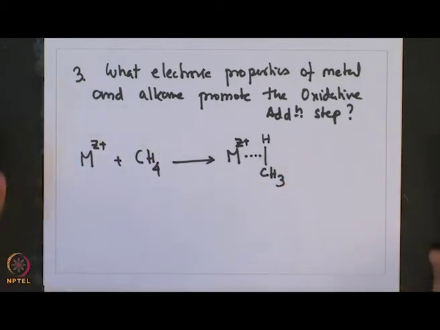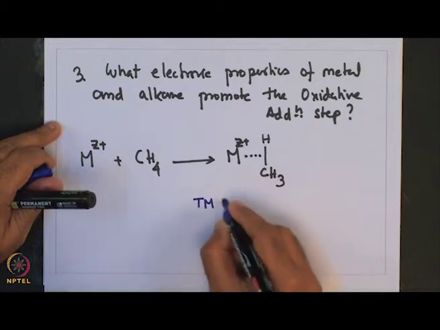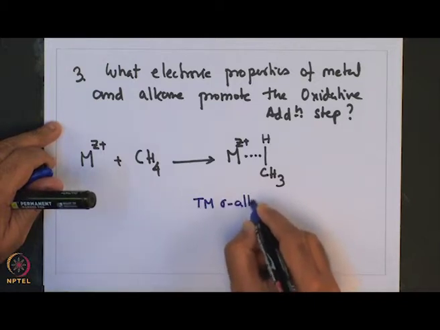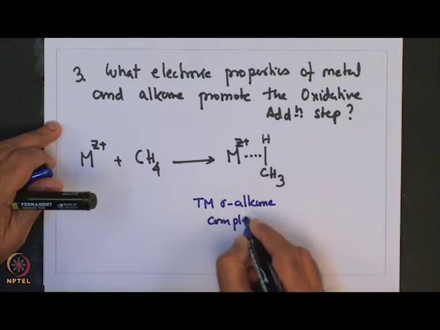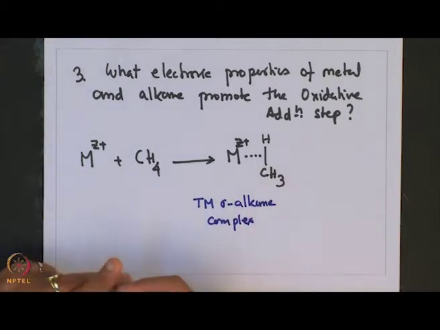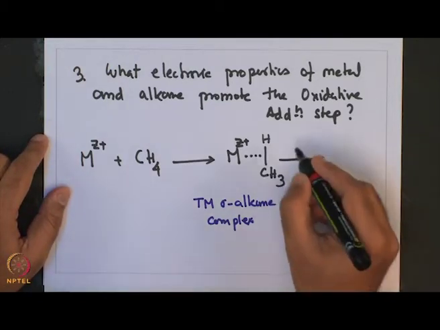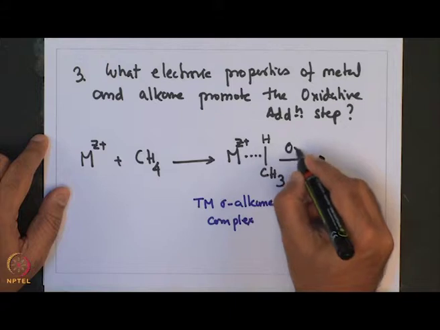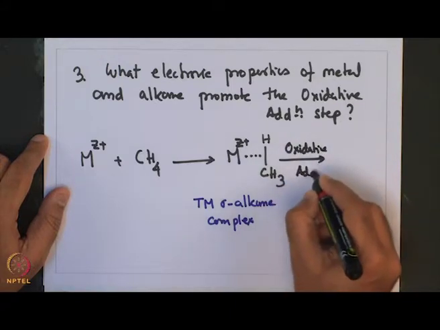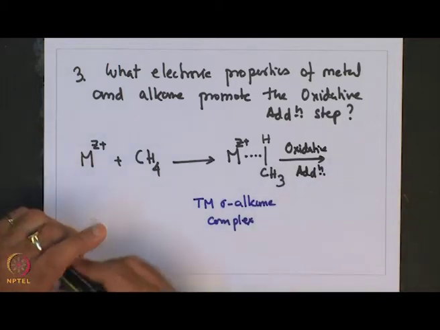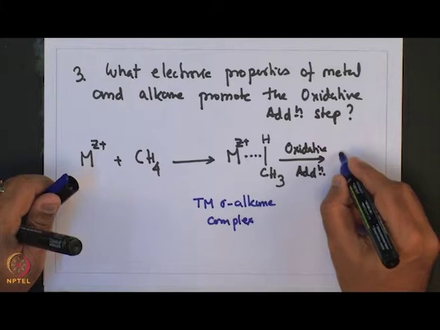This leads to the formation of a TM sigma alkane complex, which then undergoes oxidative addition to give the following transition metal alkyl complex.